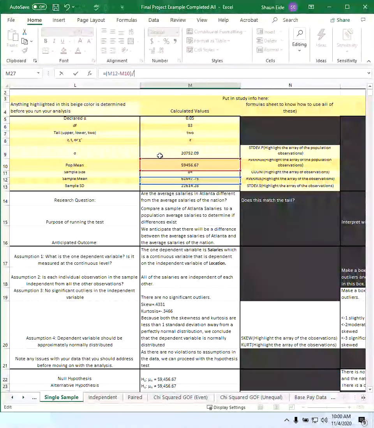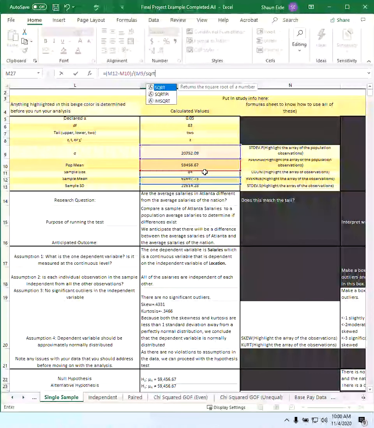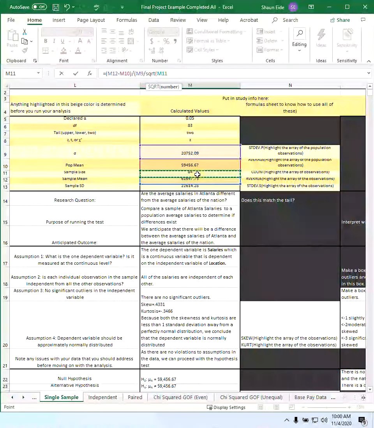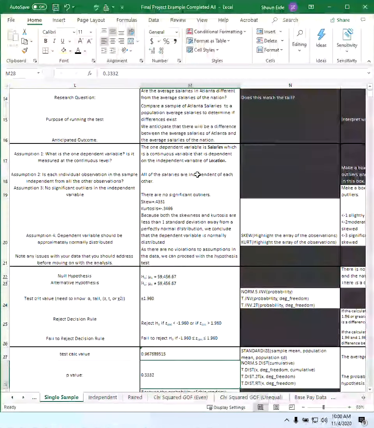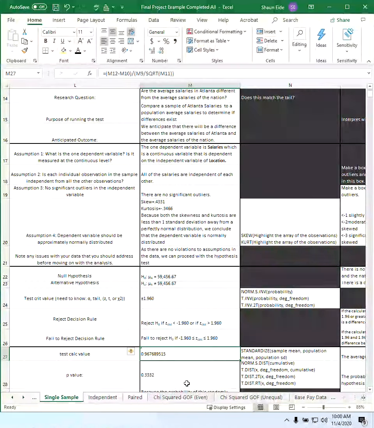Make sure that you use the population standard deviation for the standard error: the population standard deviation divided by the square root of the number in the sample. Okay, and so there we go. We've got the test calculated value of 0.9676.